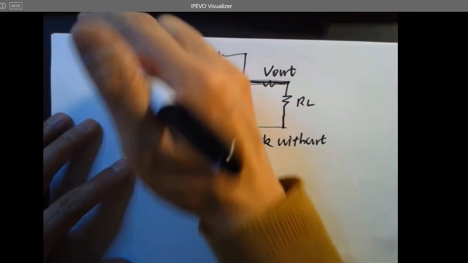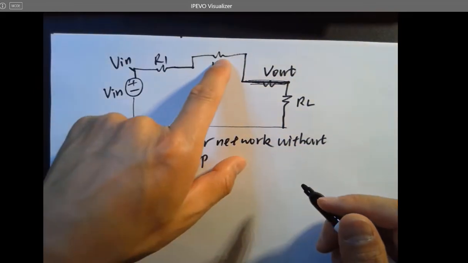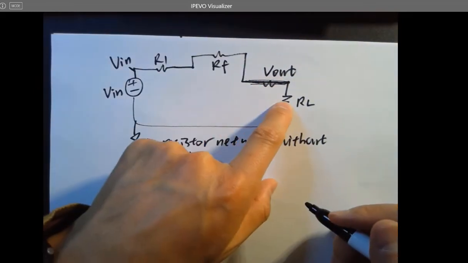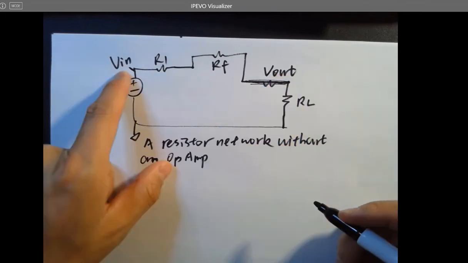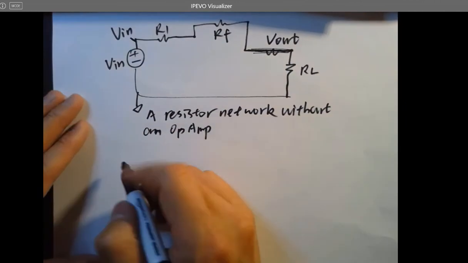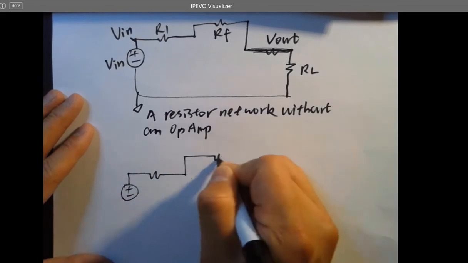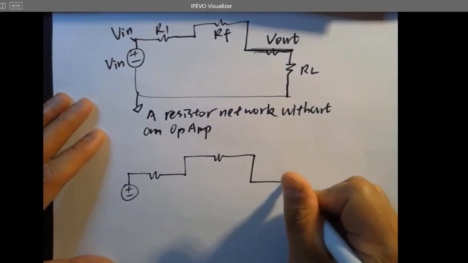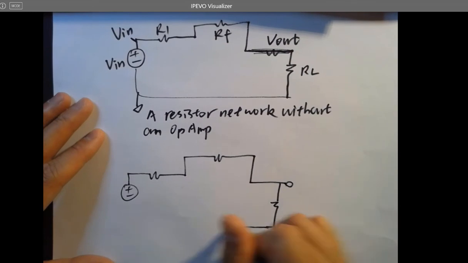Here's Vin, one resistor, another resistor, then the load. So is there any chance that VL can be larger than Vin? Think about it. Now I have another circuit. That's the output, that's RL. That's the ground.